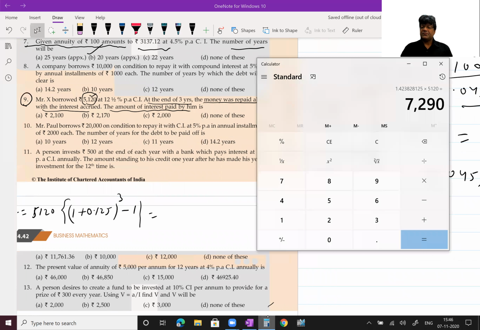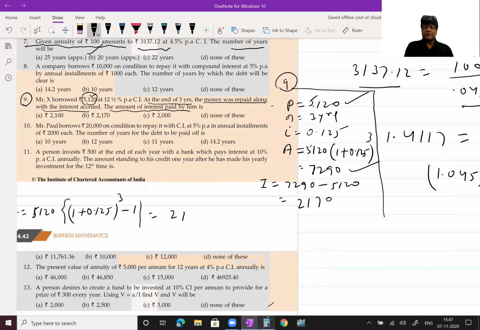On the calculator, 0.125 plus 1, cube, then minus 1, then into 5120, is equal to 2170. Directly you are getting the same thing. Option B, guys.